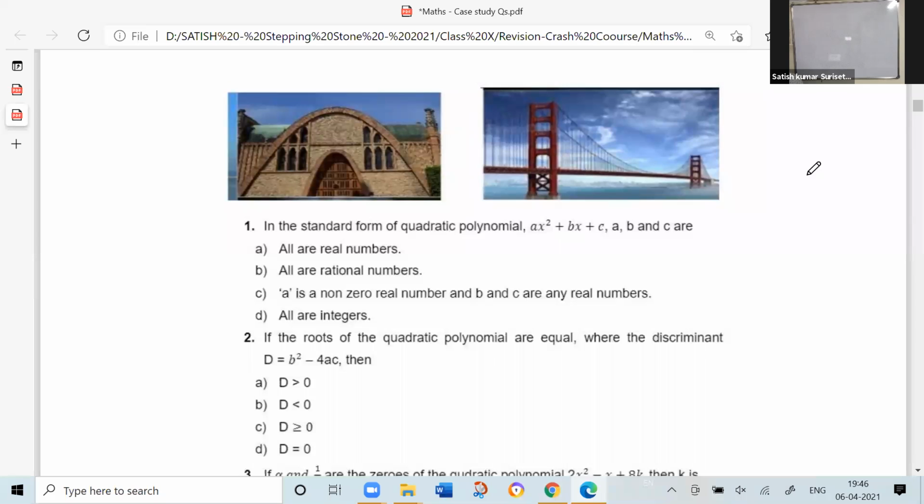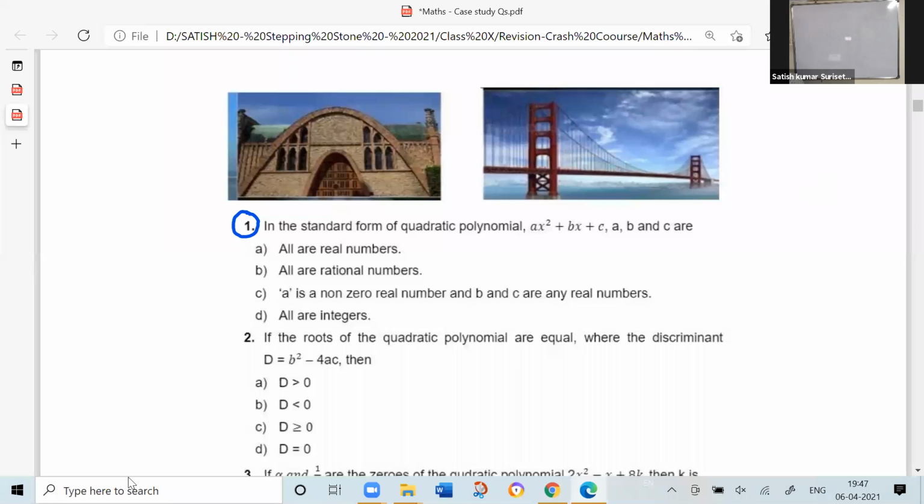In the standard form of a quadratic polynomial, ax square plus bx plus c, where a, b and c are... You have to be very careful in this to answer the first question. There's a chance that you will make a mistake sometimes. So that's why you need to read all the options.